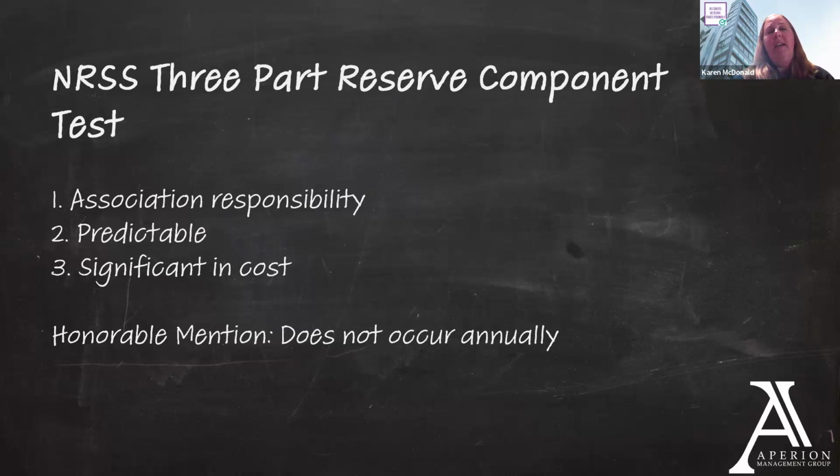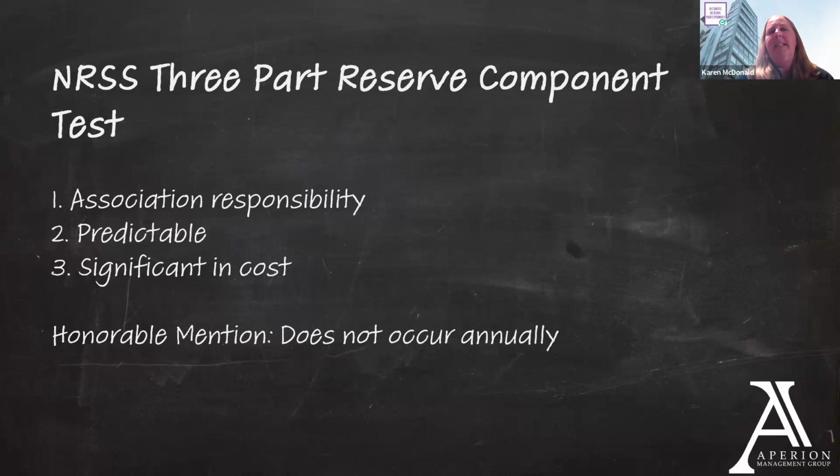We typically define that as equal to 1% or more of the annual operating budget. So if your association has a $100,000 annual operating budget, your reserve funding threshold would be $1,000, which would be 1% of that amount. One last piece that's kind of an honorable mention. It's not officially part of the 3-part test, but it does help, is that the item really should not occur annually if you're going to put it into the reserve study.